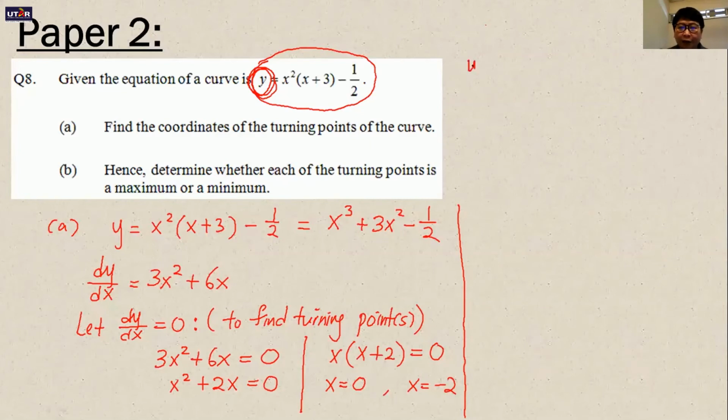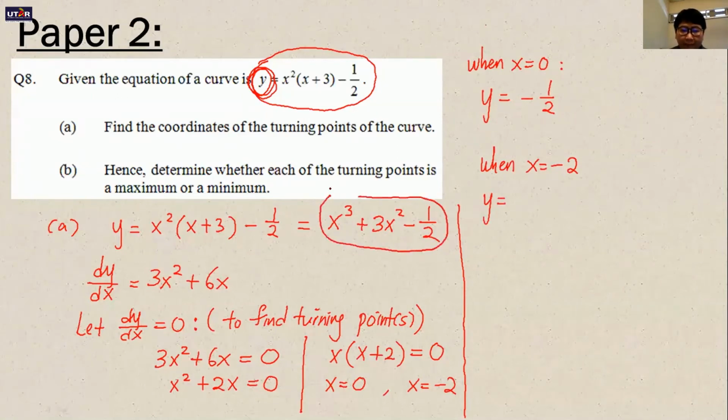So at the first point, when x equal to 0, the y is equal to negative 1 over 2. Then the second point, when x equal to negative 2, what is the corresponding y value? You can also use this formula, same, because you get it from here.